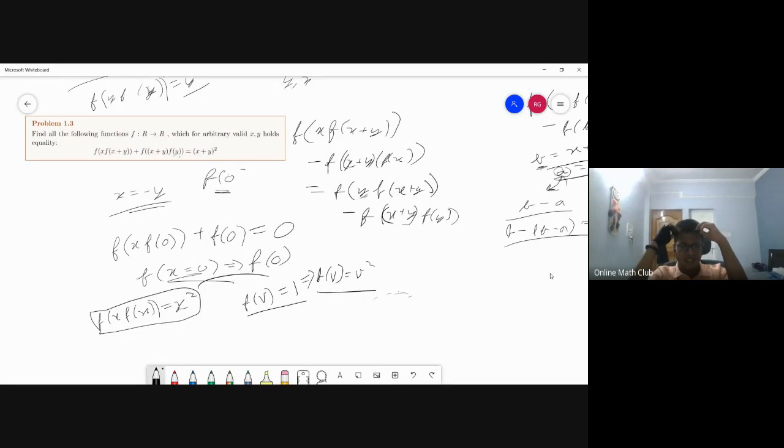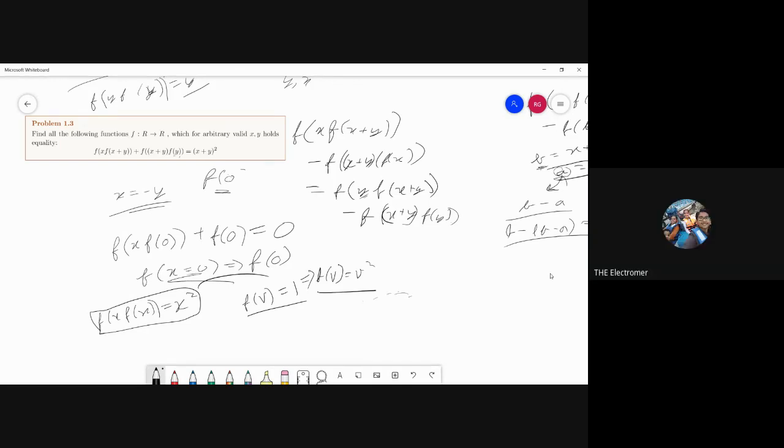I don't know why this should be complicated. This doesn't seem that bad. I mean, there's the obvious solution that f of x equals x. Is there any other solution? Wait, how does it imply injectivity? Will it imply a is equal to plus or minus b, right?